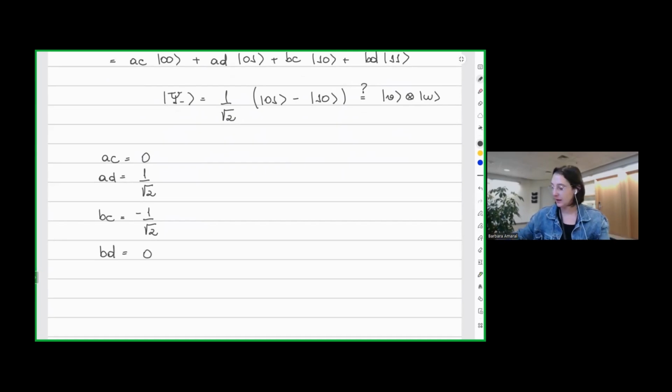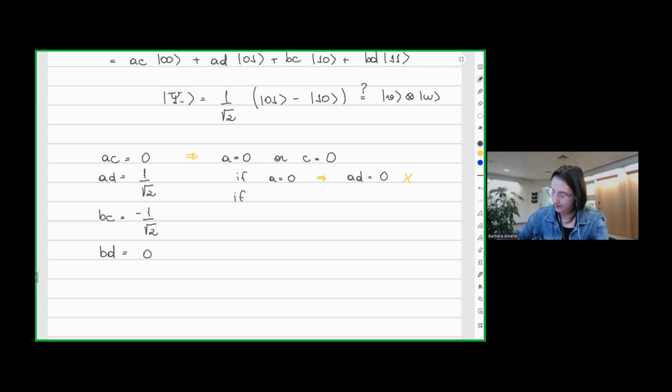Okay? So let's see what the equality implies. This one implies that a is equal to 0 or c is equal to 0. But if a equals 0, ad would be equal to 0, which is not possible because ad is 1 over square root of 2.